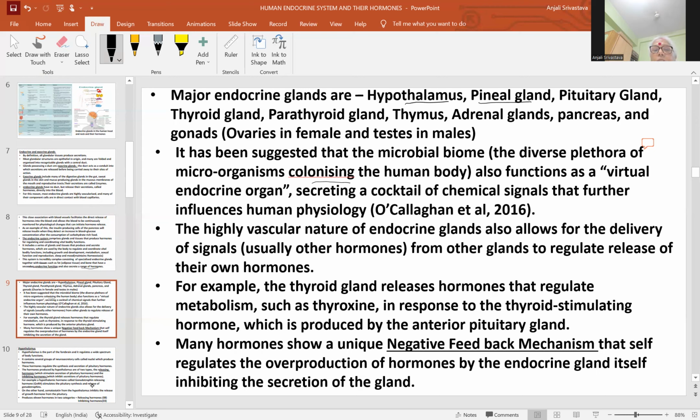Now, the highly vascular nature of endocrine glands allows for delivery of signals. What is this signal system? कैसे hormones काम करते हैं, that we will see when we will see the mechanism of hormonal action.